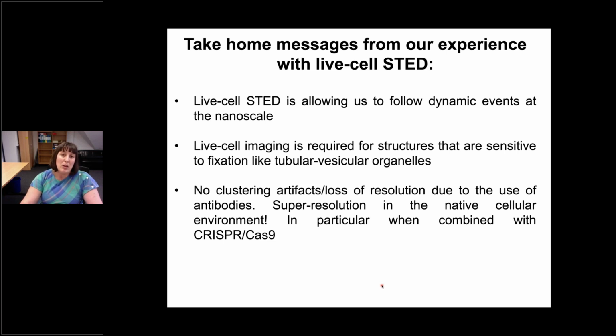And live-cell STED allows us to avoid using antibodies, which sometimes cause clustering artifacts, and you also lose resolution because of the antibody. We can really perform super-resolution imaging in the native cellular environment, in particular when live-cell STED is combined with CRISPR-Cas9 for endogenous expression levels.